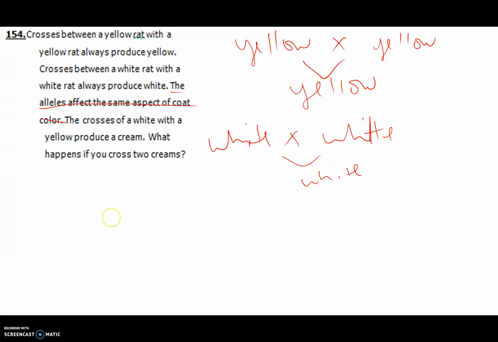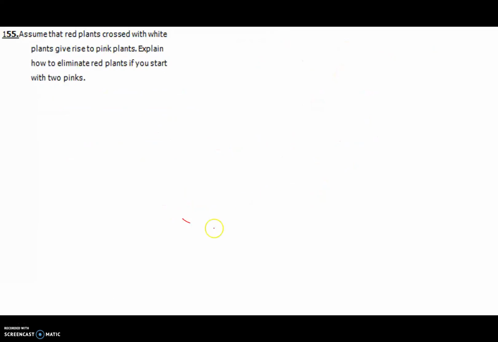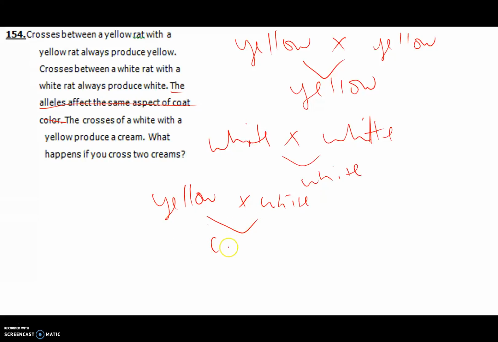The cross of a white with a yellow produces a cream. Ooh, so here we have a yellow crossed with a white, which is going to make a cream-colored rat. So this is an example of incomplete dominance in a Punnett square. Incomplete dominance is when your heterozygote is going to be like a blending of the 2 parents.